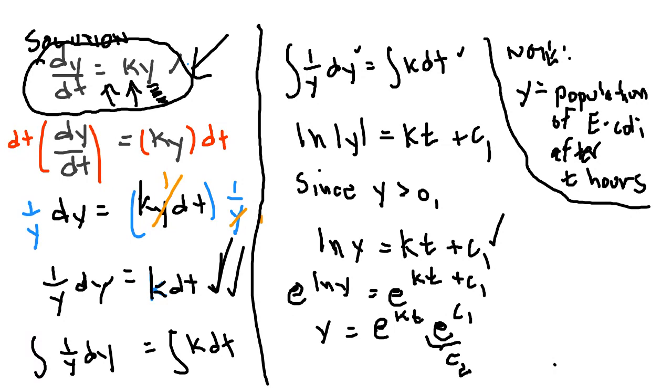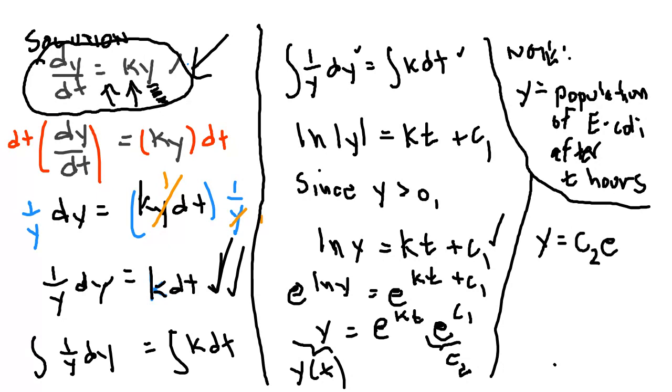So now we have, and when we say y, of course we mean y of t, right? We mean y of t. So y is equal now to this c2 constant times e to the kt power. This is where we're at here.